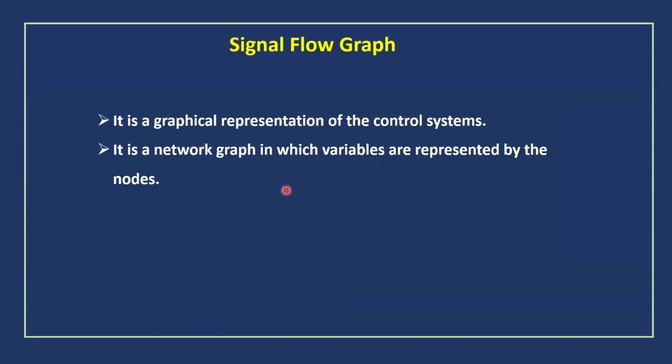So, input variable is nothing but reference input. And then controlled output is the output variable. So in between, intermediate variables are manipulated variables. So those variables can be represented by separate nodes in the signal flow graph.